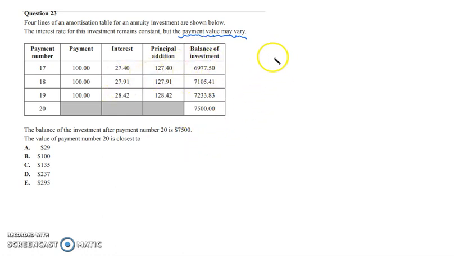If we calculate it over here, we have a balance of $6,977.50, and if we multiply that by our percentage as a decimal, it would give us $27.91. So we can work out what this percentage is by dividing across.